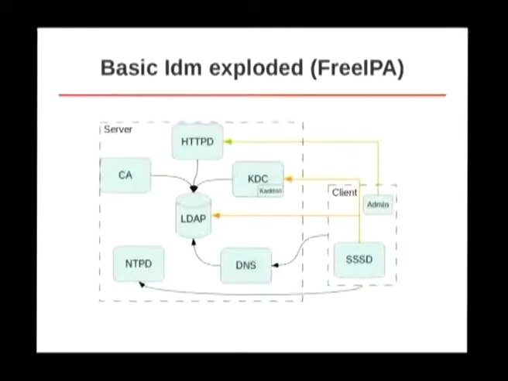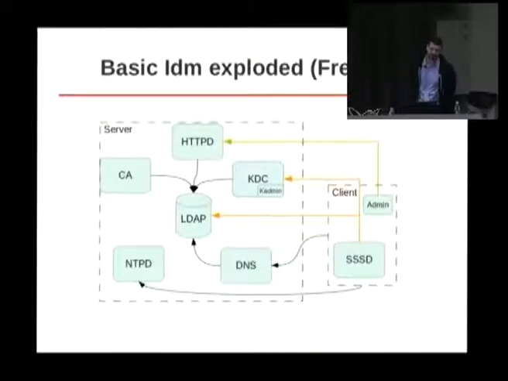So this is a picture of what we decided to do when we built FreeIPA. This is just one possibility for an identity management system. You don't have to do it that way, but we did it this way, and these are the components; I can show a few of them and why they're there. LDAP is the central directory where all the information is kept.